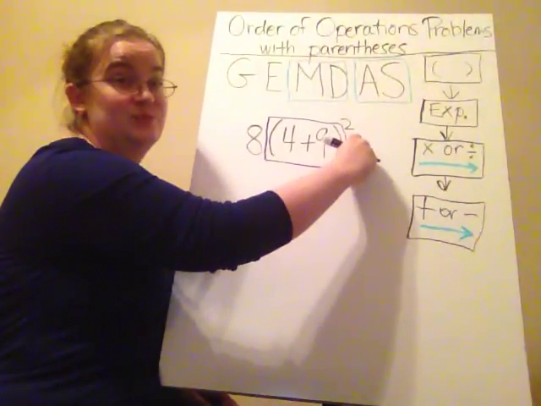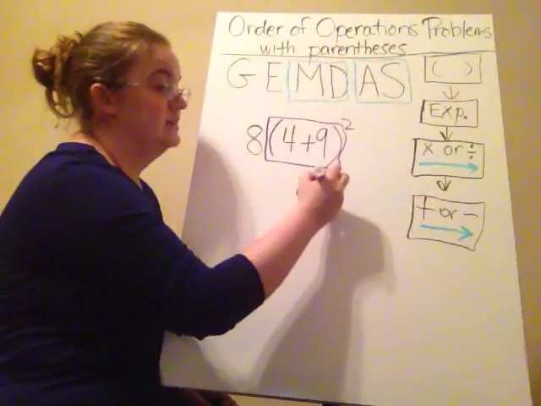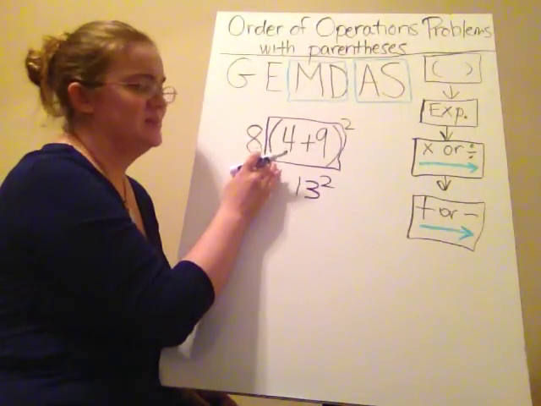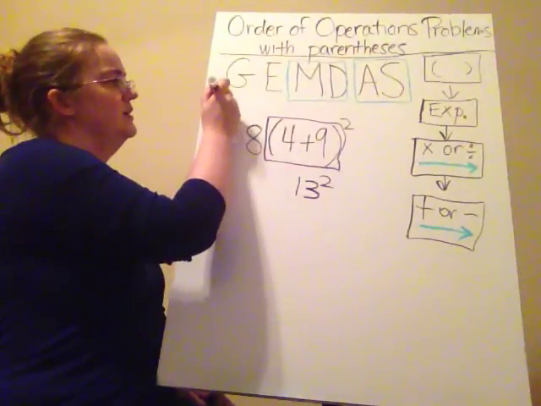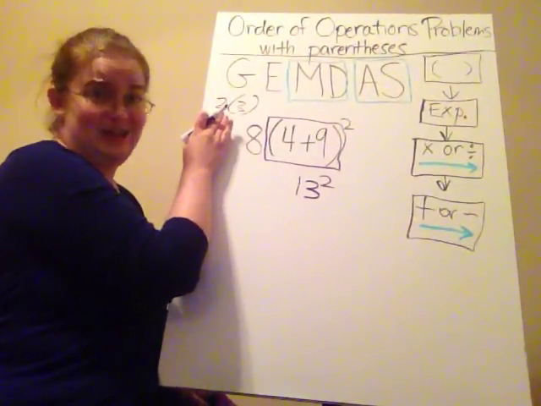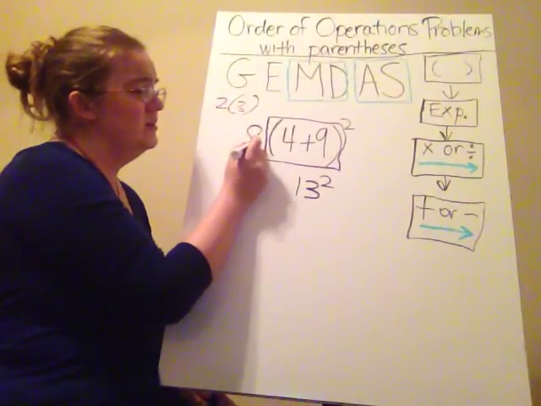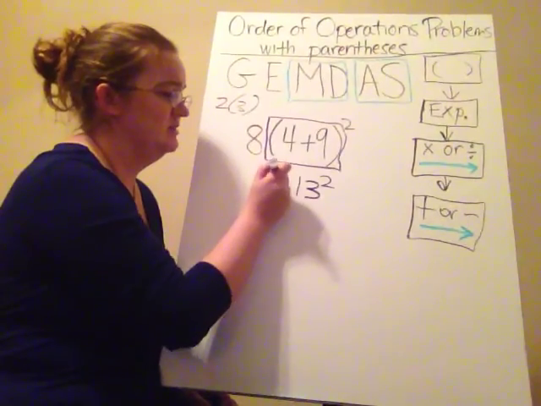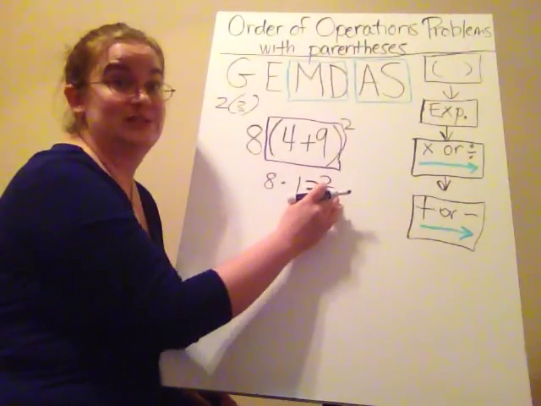Now, since I haven't used my square yet, I'm going to bring down that to the second power. And remember that when something's right outside parentheses, like if I had 2 and then parentheses and 3, this is the same as 2 times 3. So I know that the 8 is right outside the parentheses, so that's going to be multiplication. So that's going to be 8 times 13 squared.